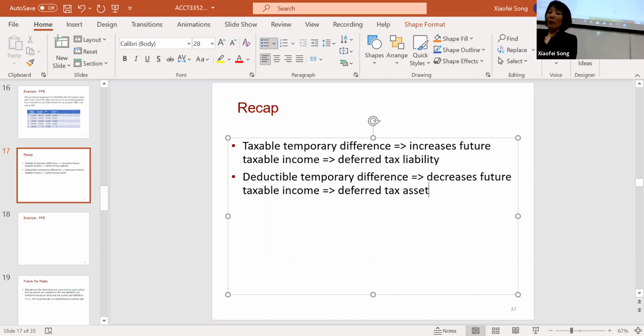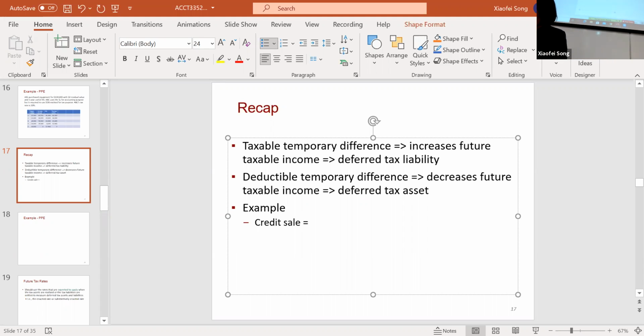So let's look at a couple of examples, because that's abstract, like what kind of differences we're talking about. We already talked about a couple. So one is installment sales. It's essentially credit sales, right? You make sales, you recognize revenue, but you have not got paid yet, and therefore there is a difference between the accounting income and taxable income.